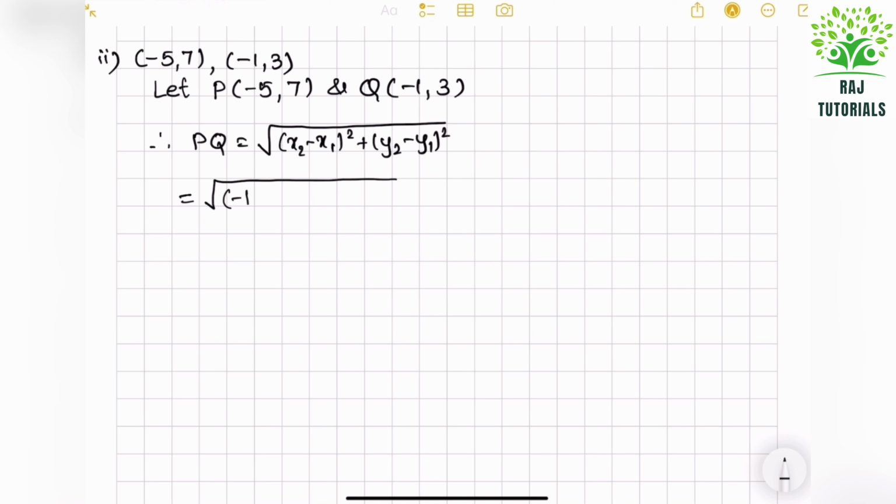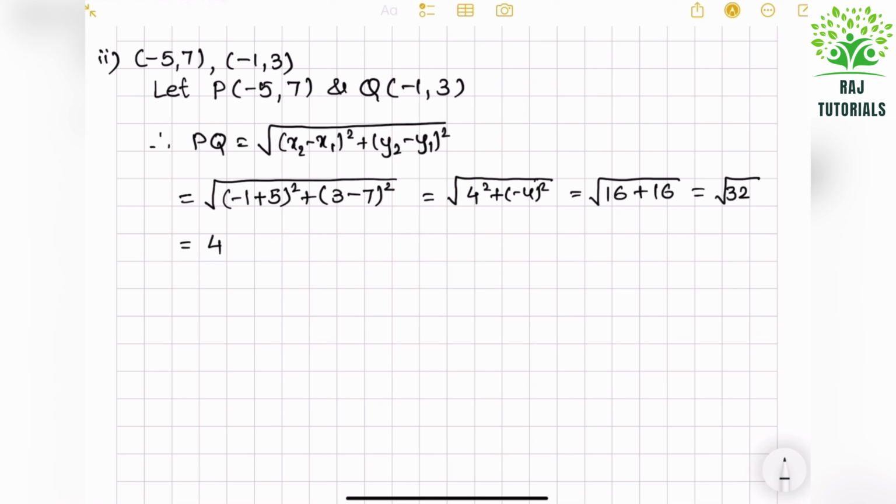So that will be equal to minus 1 minus of minus means plus 5 whole square plus 3 minus 7 whole square. So this will be 4 square plus minus 4 square. So 4 4s are 16 plus 16 under root. So this will be root of 32. So if I take 16 out, so 4 root 2 units.